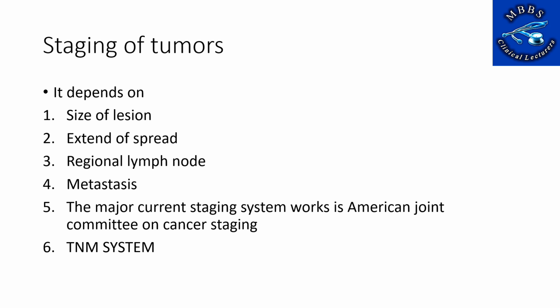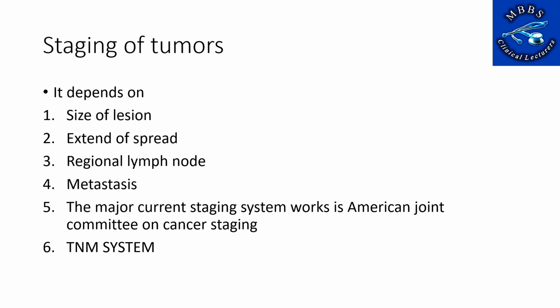Staging of the tumor is also needed to determine the prognosis of the patient and to know about the treatment options. This is basically done by the histopathologist and the surgeons. And staging of the tumor depends mainly on the size of the lesion.